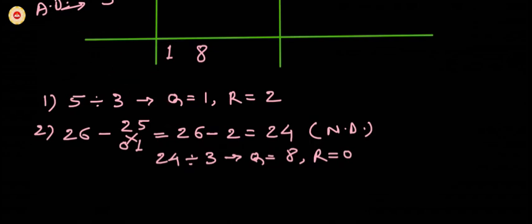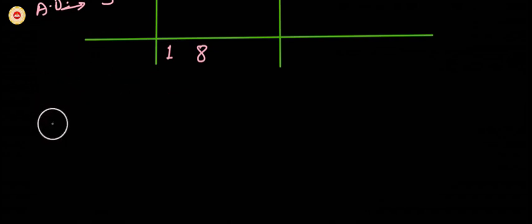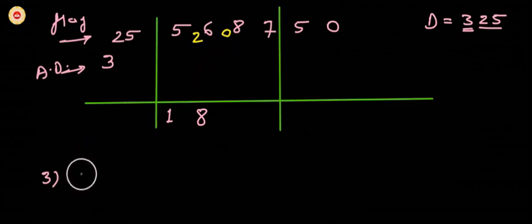See friends, pause video and write these two steps. Step number 3, let us calculate net dividend. 8 minus, see, 8 is gross dividend, subtract cross product of flag digits and last two quotient digits. Flag digits are 2 and 5 and last two quotient digits are 1 and 8.